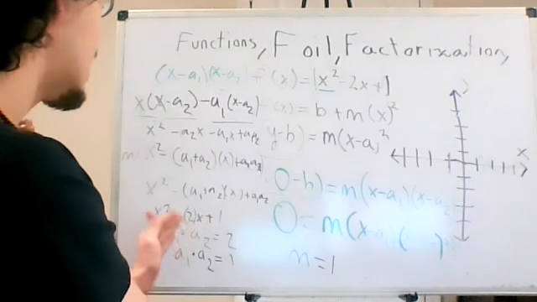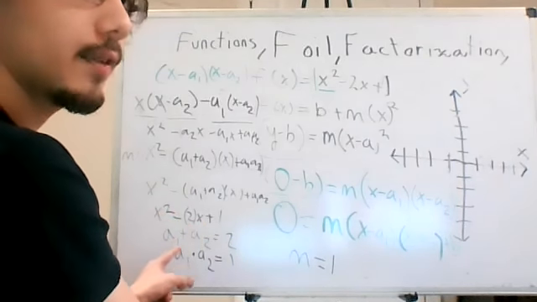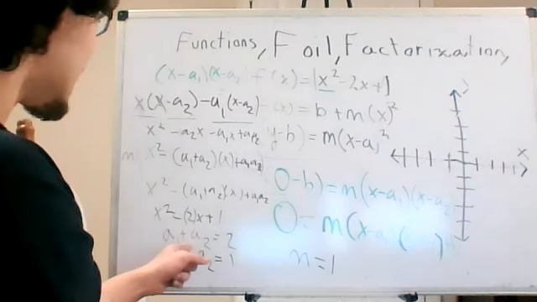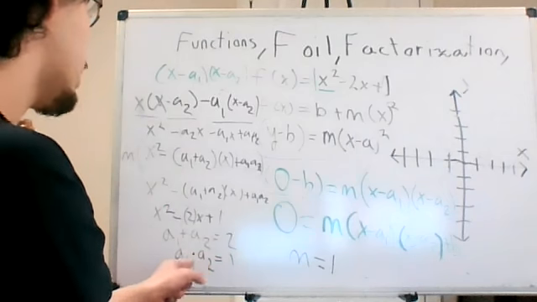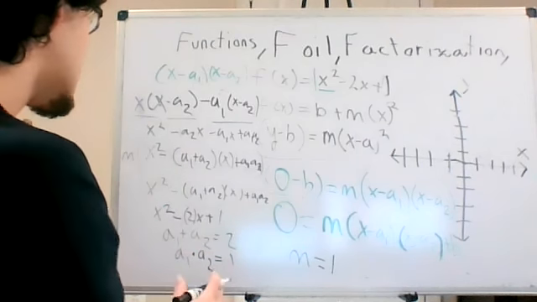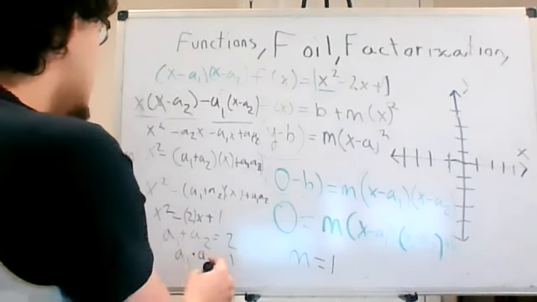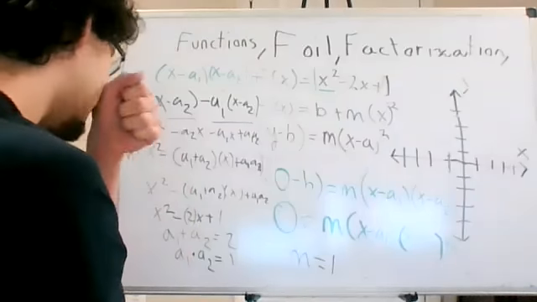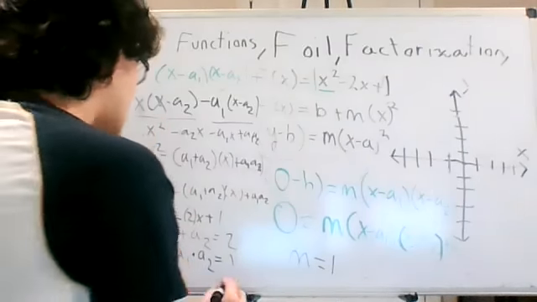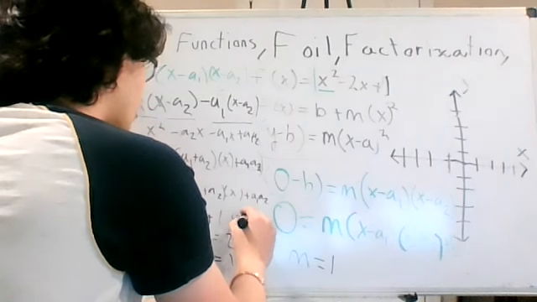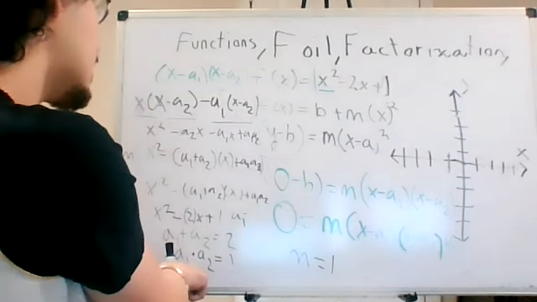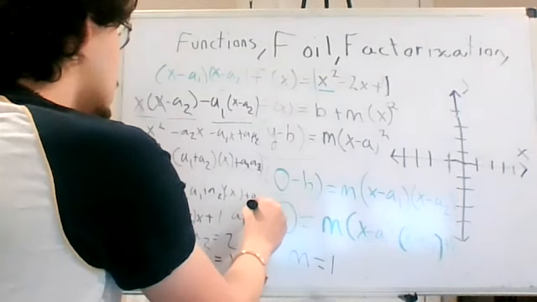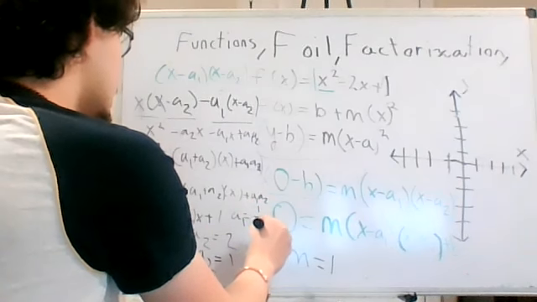So now that we have this, it is enough information to actually solve the problem. As we have it, a1 plus a2 equals 2, a1 times a2 equals 1. So what we can do is we can solve for either of these and come out to a whole answer. So let's say we take a1 and we solve for a1 here. We say that a1 equals 1 over a2.